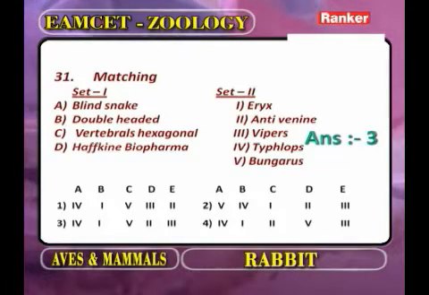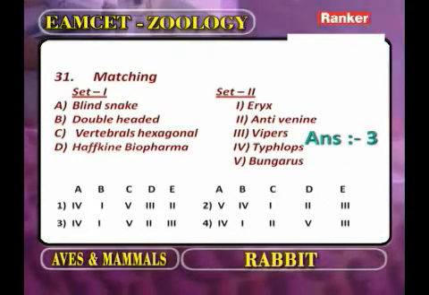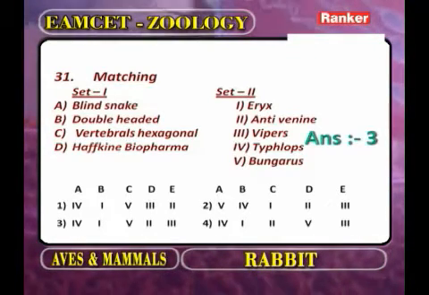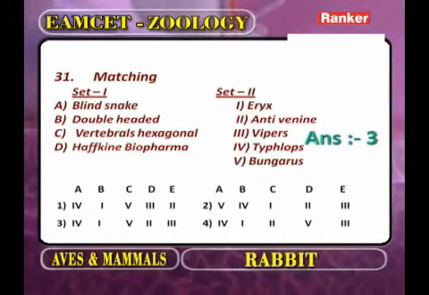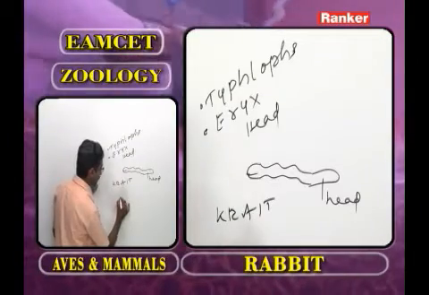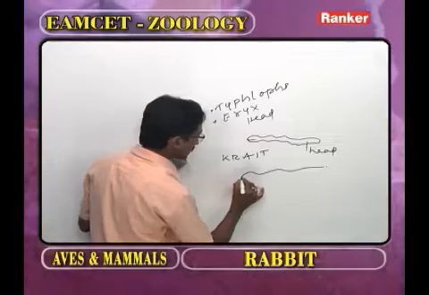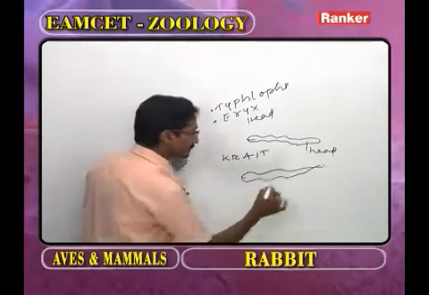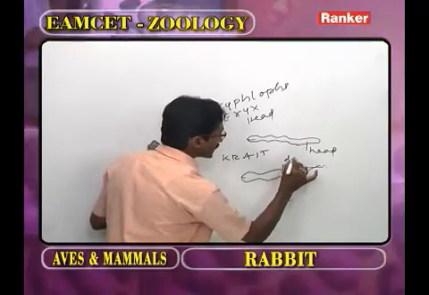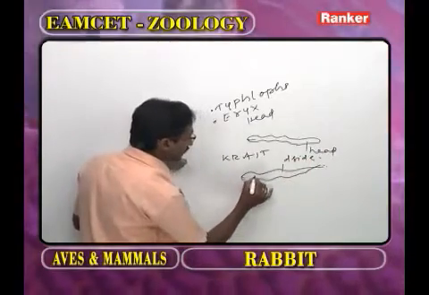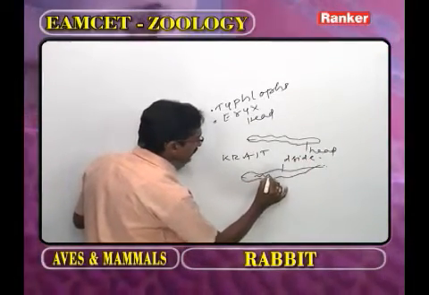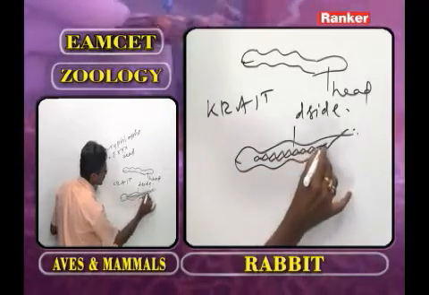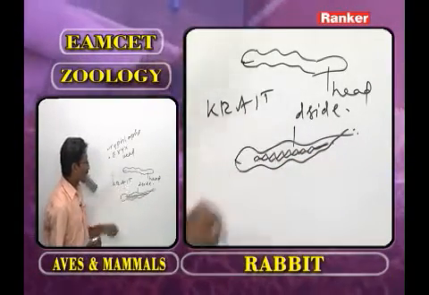As we observe the krait, this is the body of krait. This is dorsal side. On the dorsal side, hexagonal scales are present.